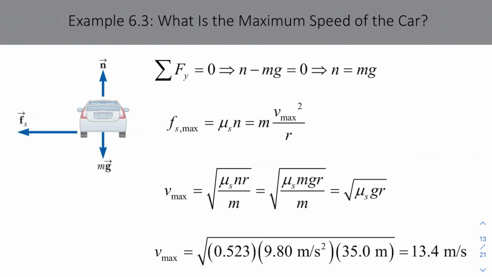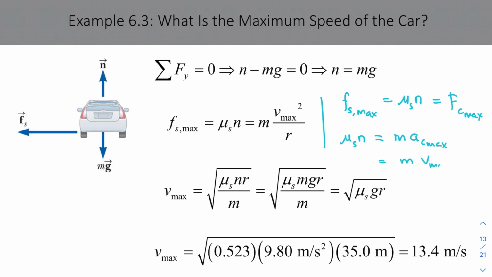Now we already have this idea. Fs max must be mu s N, and Fs max here is also Fc max. So mu s N equals m ac max. What is our ac max?